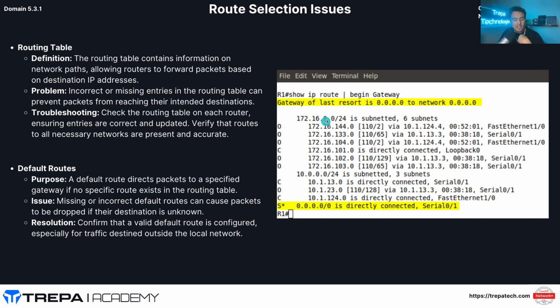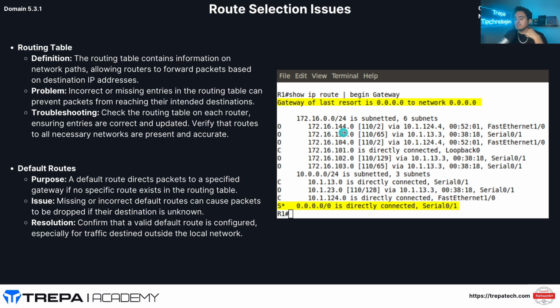So in this one, if we want to talk to 172.16.144.10, an IP address within this subnet here, we're going to send traffic out our FastEthernet interface, and the next hop is going to be 10.1.124.4.